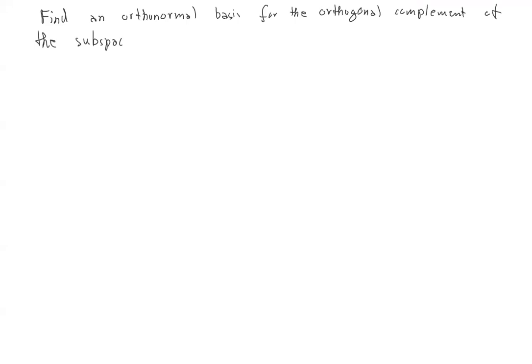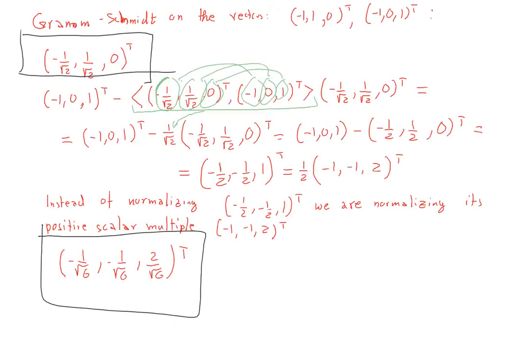Find an orthonormal basis for the orthogonal complement of the subspace U equal to XYZ such that X minus Y is equal to X plus Y is equal to 0. Okay, here's the previous slide as you asked for it.